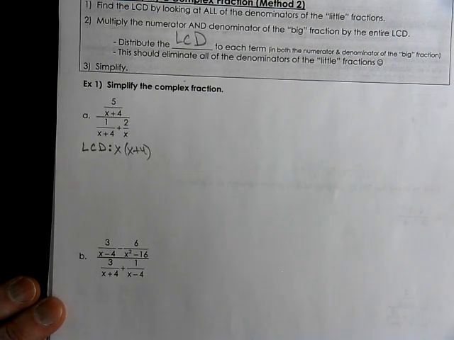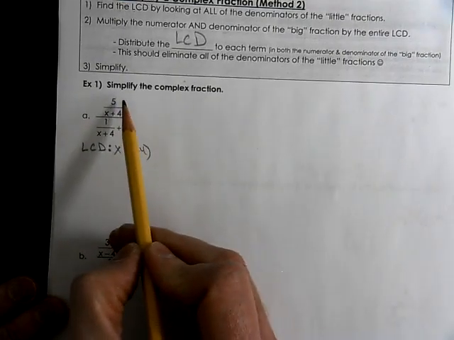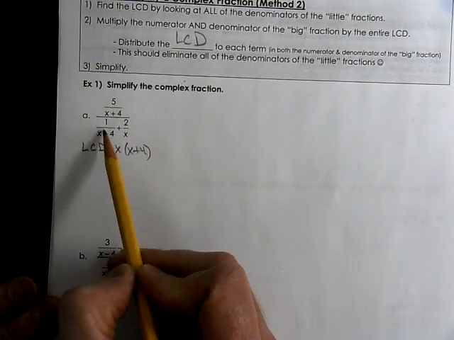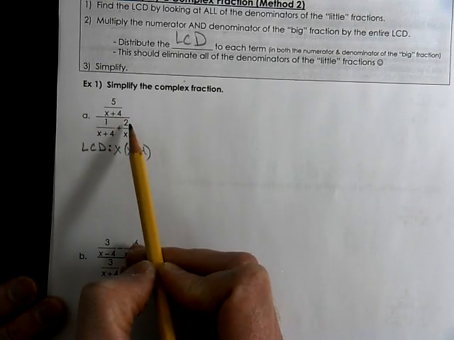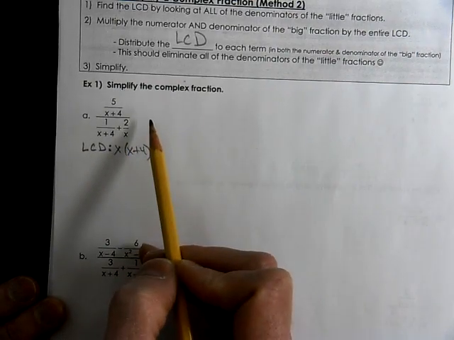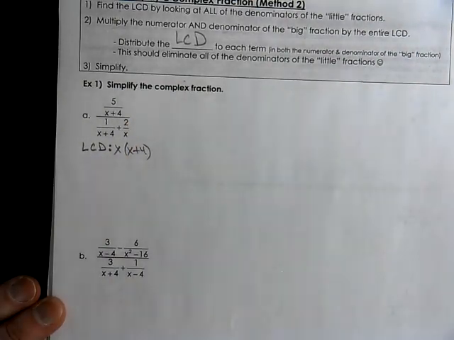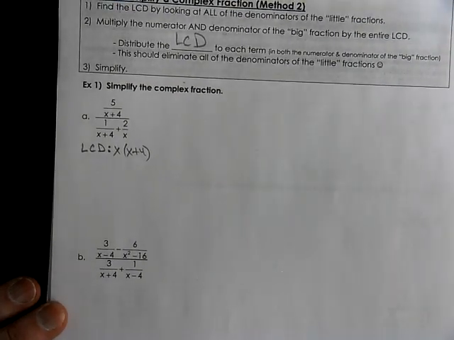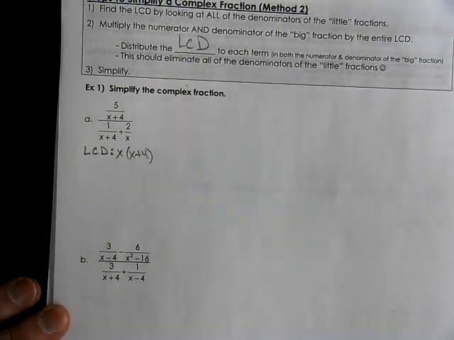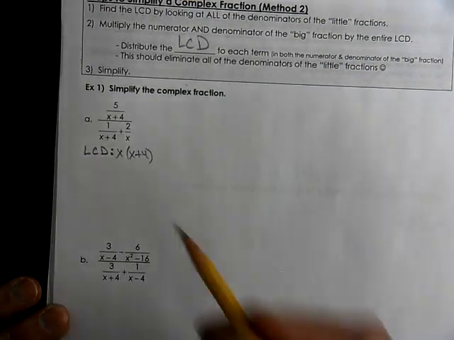So the method 1 way would be to add these 2 fractions together and then multiply by the reciprocal to work with the fractions. That's working on adding fractions, and that's working on dividing fractions. That's a very good skill to do. But there's a shortcut called method 2 that we're working on.